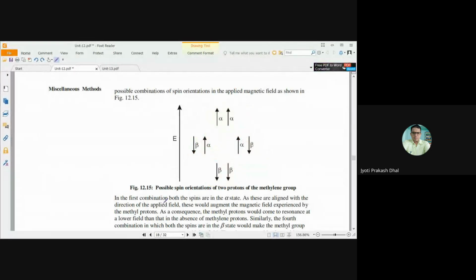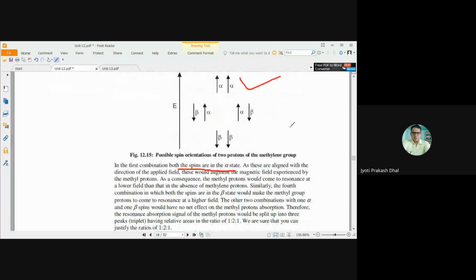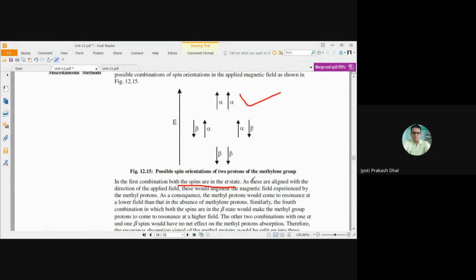In the first combination, both the spins are in alpha state. Here we are considering the effect of the CH2 group over the signal of CH3. As these are aligned with the direction of the applied field, they add to the magnetic field experienced by the methyl protons.